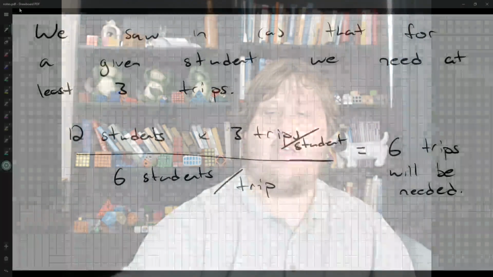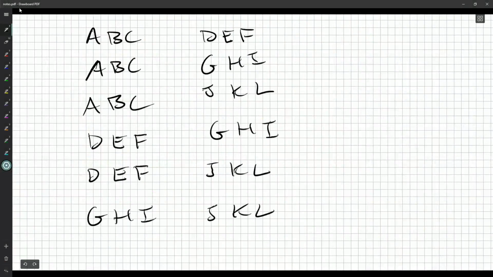But yeah, 12 students, and we know each of them needs 3 trips. But each trip gives me 6 students sort of grouped together. I wonder if this might actually be easier to explain if I understood binomial notation, because how many pairs have we got?